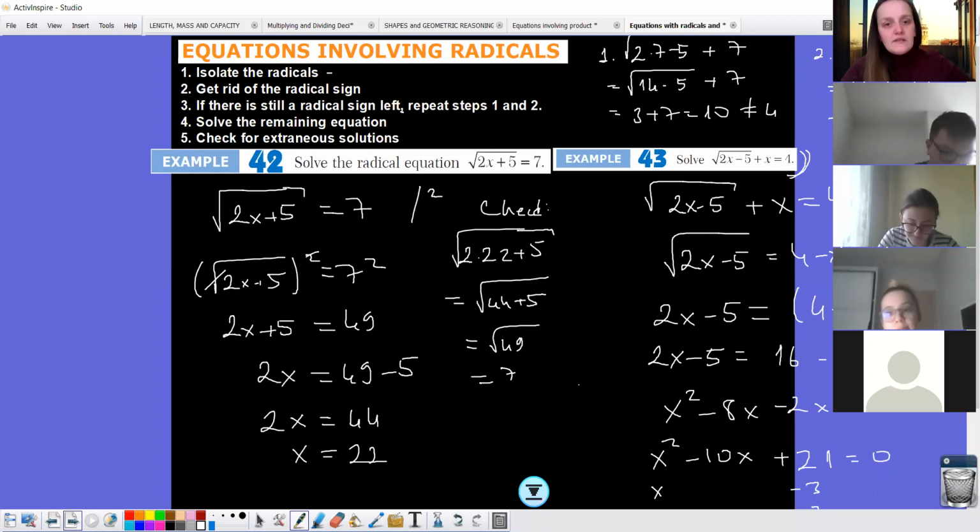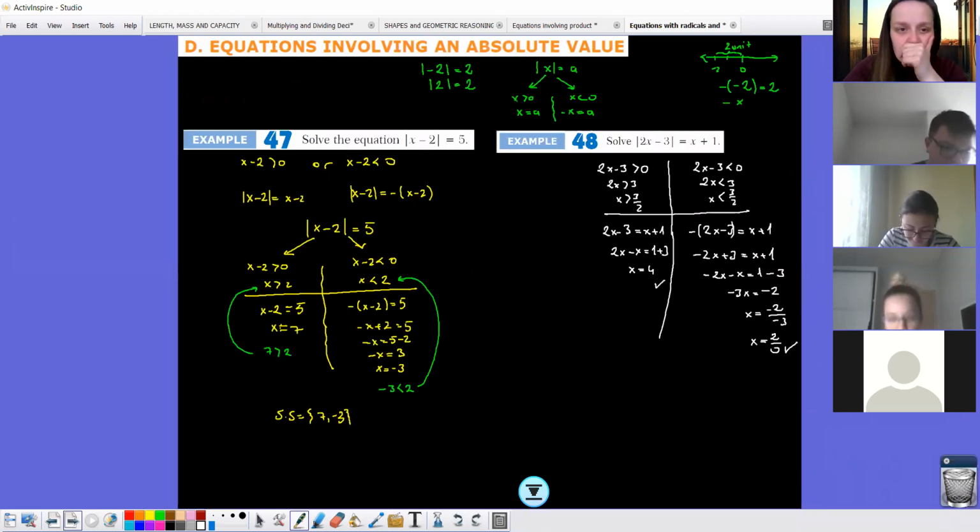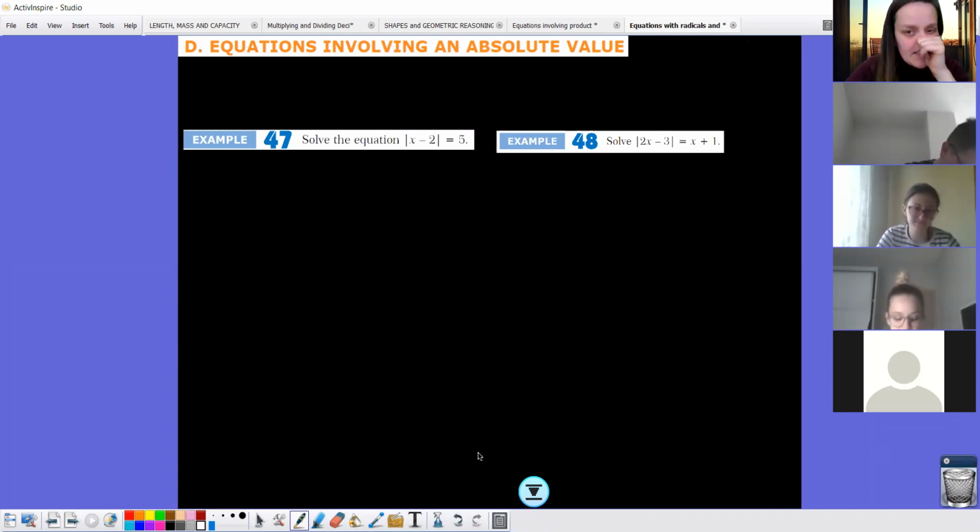Now let's see some different questions here. Equations involving an absolute value, but let me check in the book. We had this. In radicals, in the book you have more, maybe complicated.